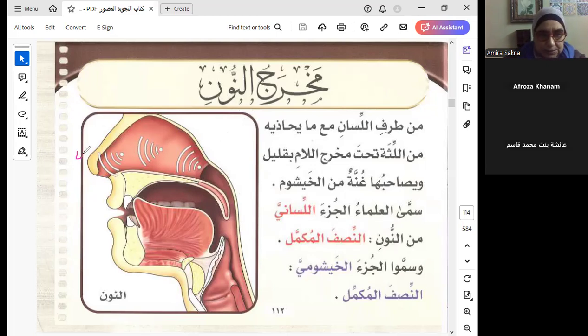I'm going to write it here. In the Quran, you are going to find that they write a small mim like this above the noon.